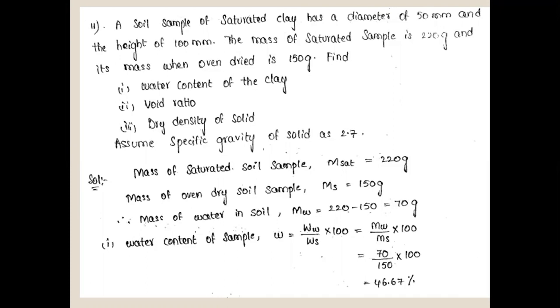Find: first, the water content of the clay; second, the void ratio; and third, the dry density of solids. Assume the specific gravity of solids as 2.7.